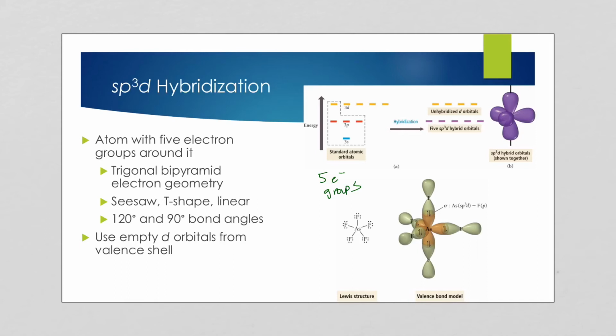Again, using this explanation, it's another piece of information of why things like oxygen and nitrogen can't do this, right? They don't have readily available d orbitals in the second level. So this is one of the reasons we only see this behavior when we have bigger atoms in the third period and below, because now those d orbitals are there and available.